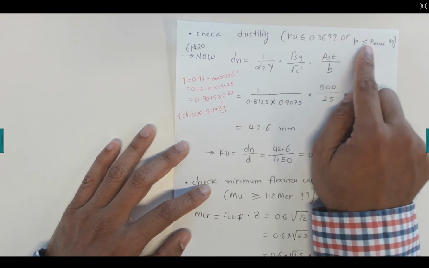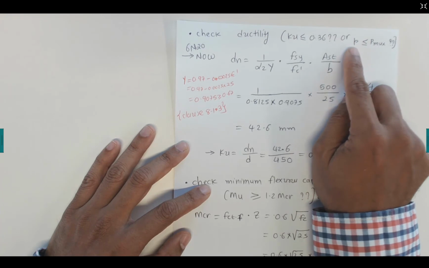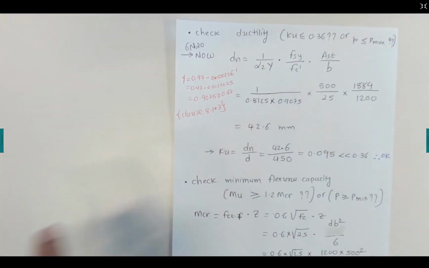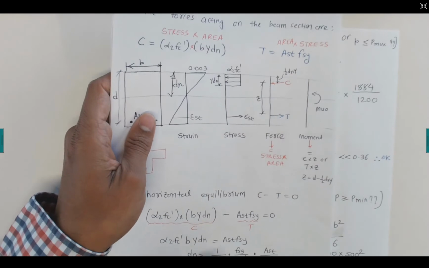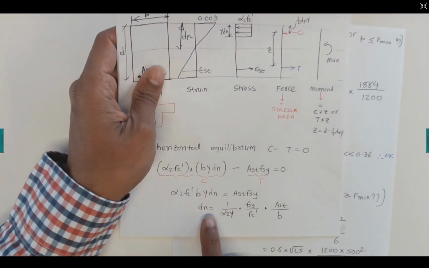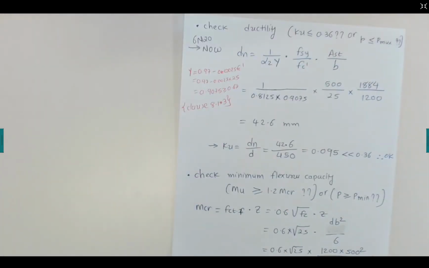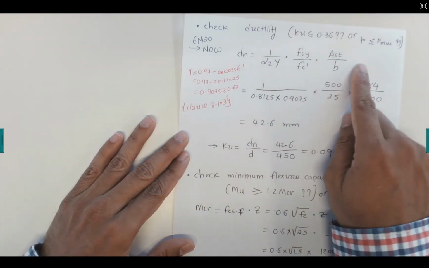We did the previous video on the calculation of the maximum reinforcement. Now the dn equation we saw in the previous video: dn equals 1 over alpha 2 gamma, times fsy Ast over f'c b. Now we use that equation here.